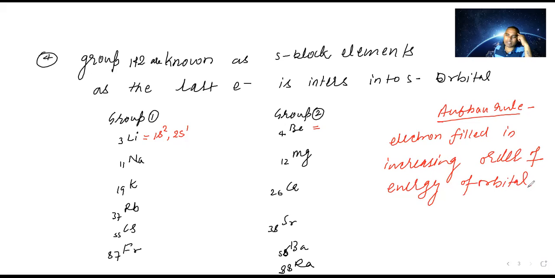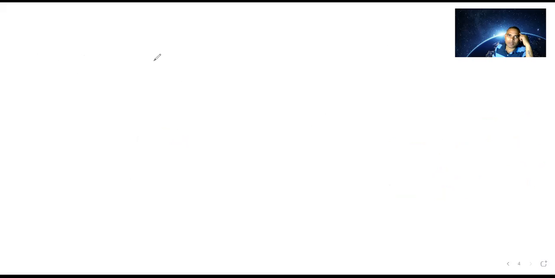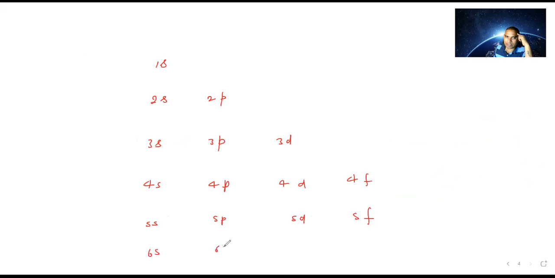So how can we understand the energy of orbitals? Here is 1s, then 2s and 2p. Next 3s, 3p and 3d. Next 4s, 4p, 4d and 4f. Here is 5s, 5p, 5d and 5f. Next 6s, 6p, 6d. And the last, 7s, 7p.